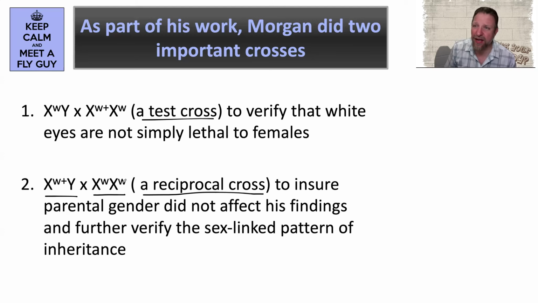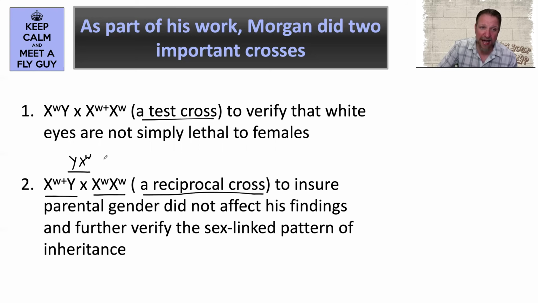And let's see what happens, okay? Well, the dad gives the Y chromosome, and every single one of the offspring that is male is going to have an XW. So the dad was red-eyed, but all the sons are going to be white-eyed.